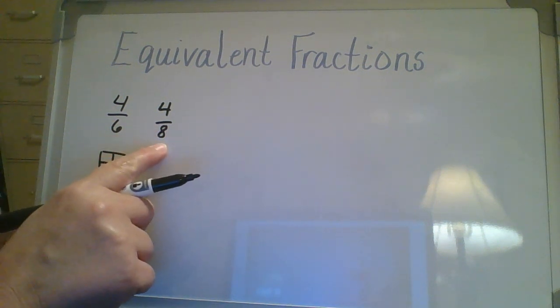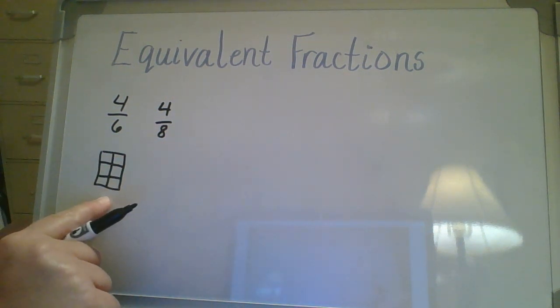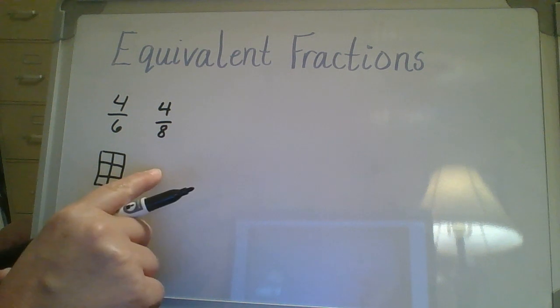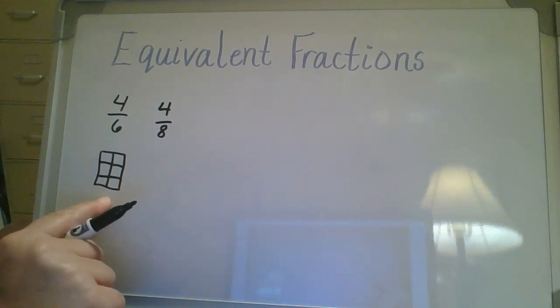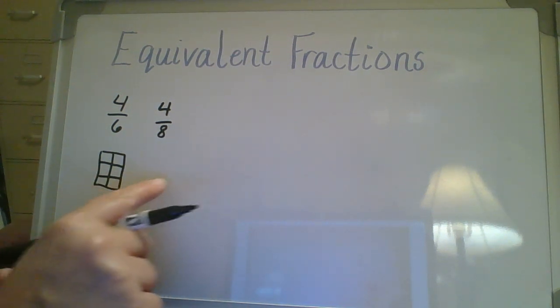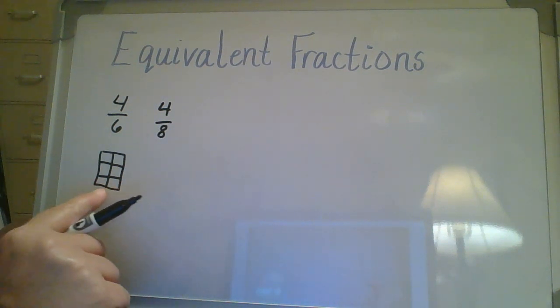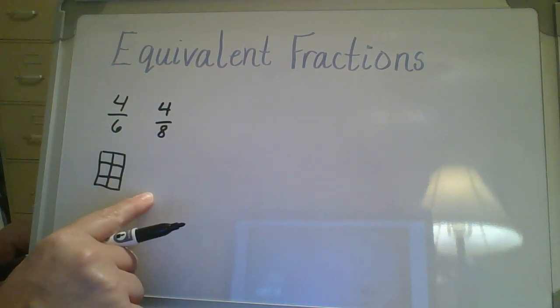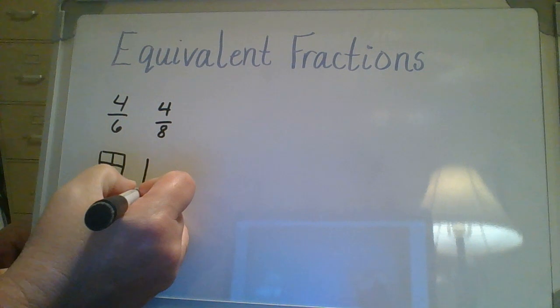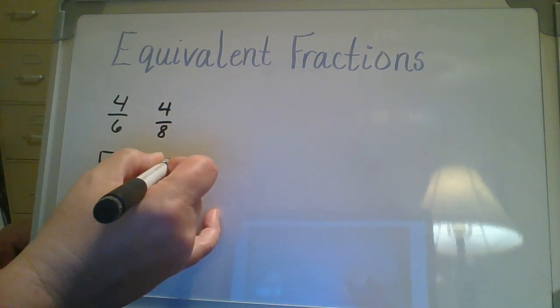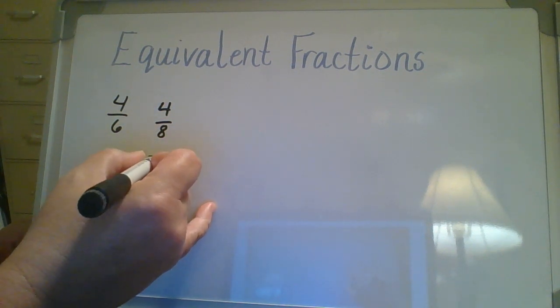In order to see if they are equal, they have to cover the same amount of space. So I could not compare this rectangle divided into equal parts with a circle because they would not cover the same amount of space. So I have to compare rectangles to rectangles.